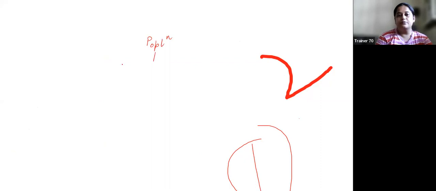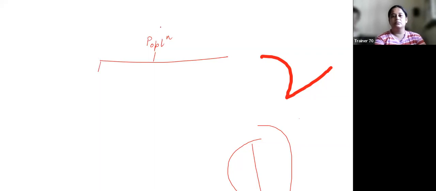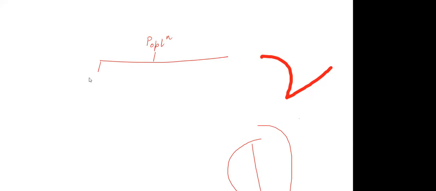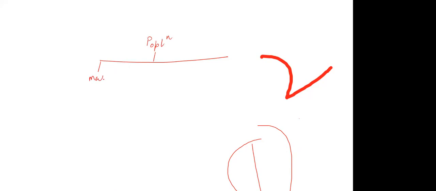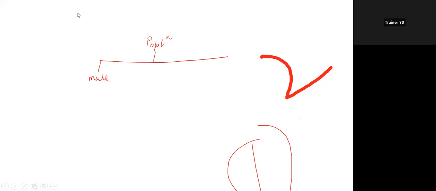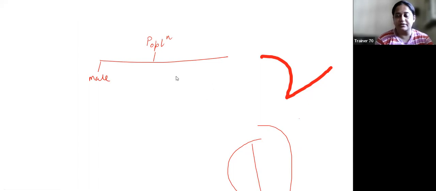First we classified that population on the basis of gender, male and female. Firstly we classified the population on the basis of gender, male and female. So only one attribute is used. This is simple classification.